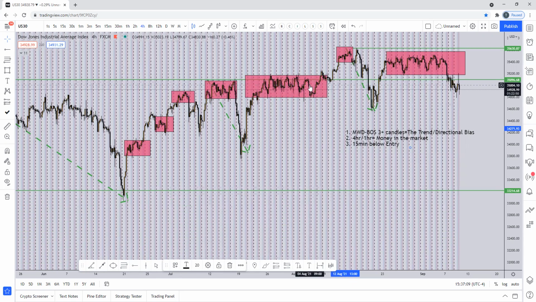Right here, price has gone below, so that money is taken. Price has gone above, that money was taken. Right here, price has gone below, that money is taken, but price has yet to come above. So that money is still on the table. Right here, price has gone below, so that money is taken, and price has not gone above.